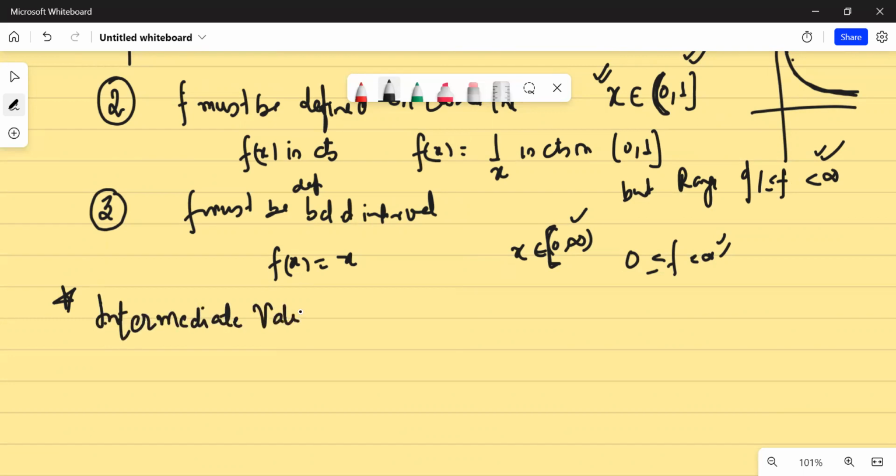Intermediate value theorem. Okay. So in easier words, it is very simple.